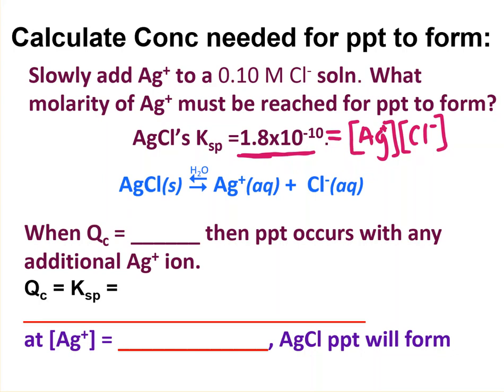That is the equilibrium concentrations. So when Qc, if it's not at equilibrium, when you multiply those out and you get this number, Ksp, then the precipitate will occur if you add any additional silver ion. You're at that borderline, and if you do anything to increase either of these, a precipitate will form.